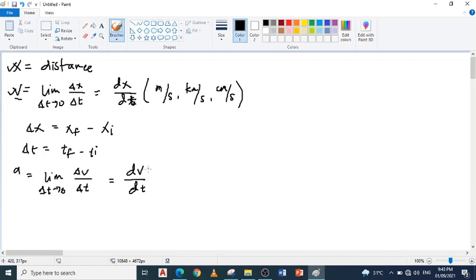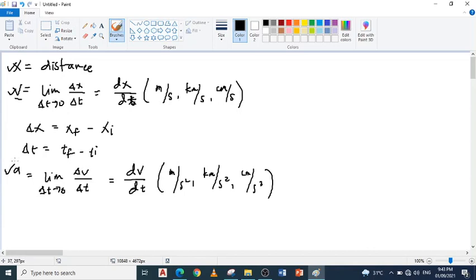Okay? Then take note that the velocity is already in meter per second. Di ba? So, over time pa. So, meter per second square. Kaya yung units natin dito is meter per second square or kilometer per second square or cm per second square, as long as naka-square yung ating time doon sa baba. Okay? So, you have to remember this one.